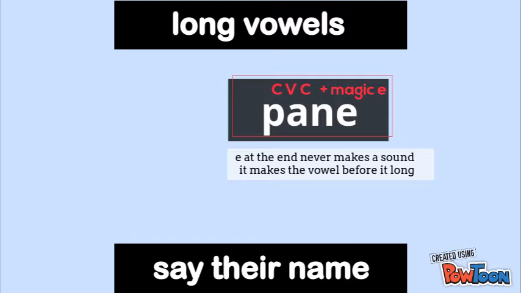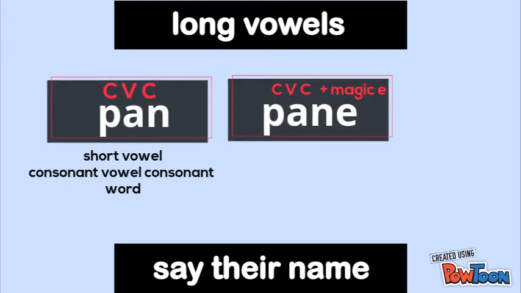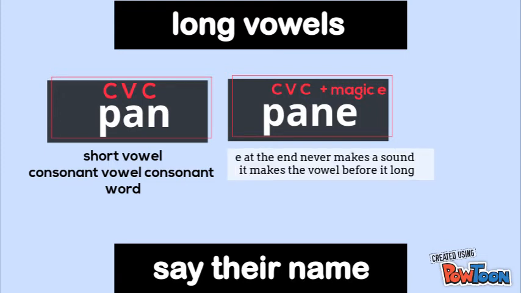What that E is doing is making the vowel before it long. So pane would have been pan without the E, with a short vowel sound and the N. That's a consonant vowel consonant word, pan, but it becomes pane in English when we add the magic E at the end to make it long.